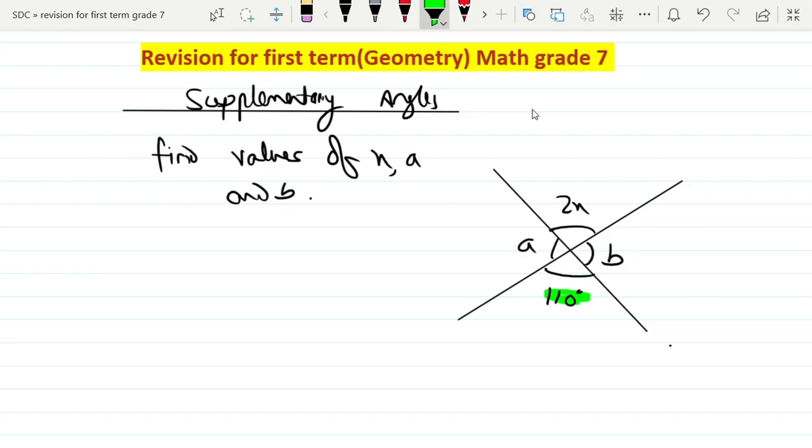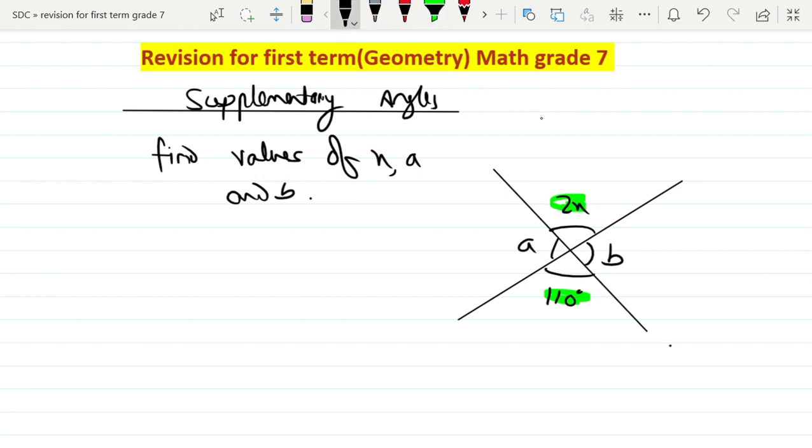So I'm relating with the 2x first, right? 2x and 110 are lying on opposite sides. When these two lines have been intersected here, these are vertically opposite angles and their relation is equal.